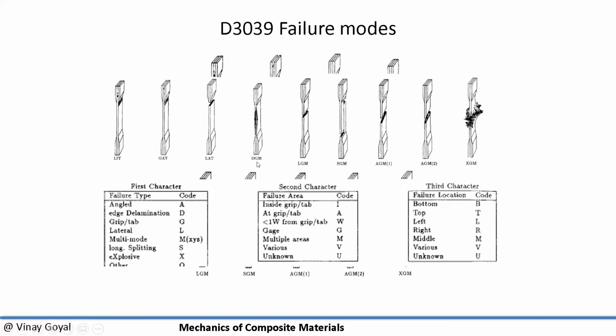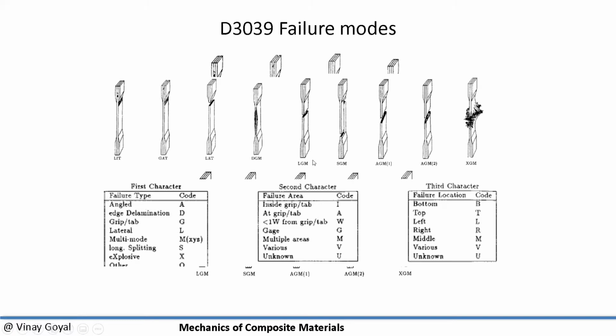And then you have DGM, which is delamination. These are various failure modes. That's in the gauge section, that's what the G is there, and M there means middle. And that's not desirable. We'd rather not have DGM.